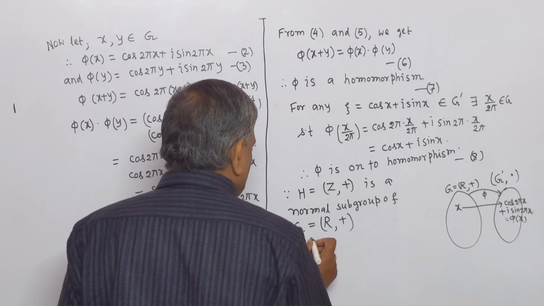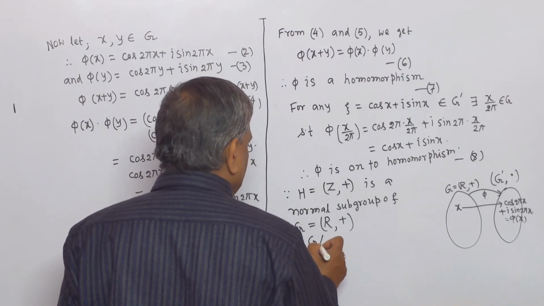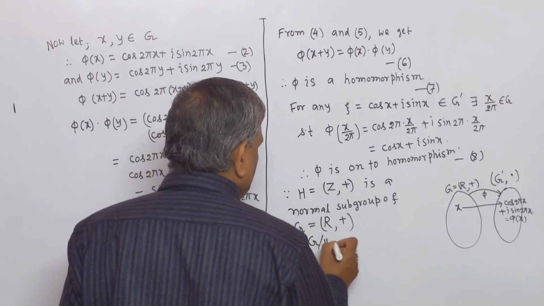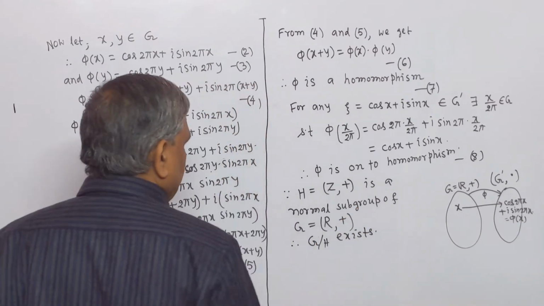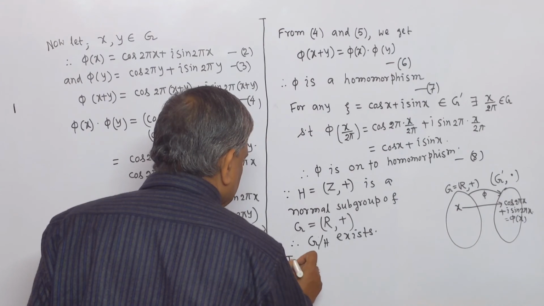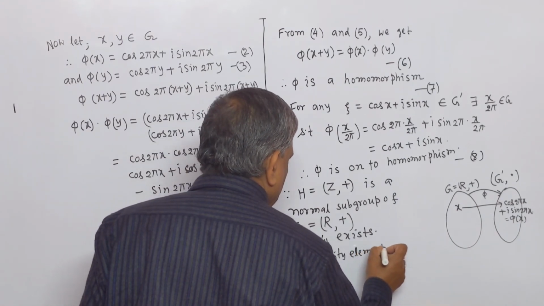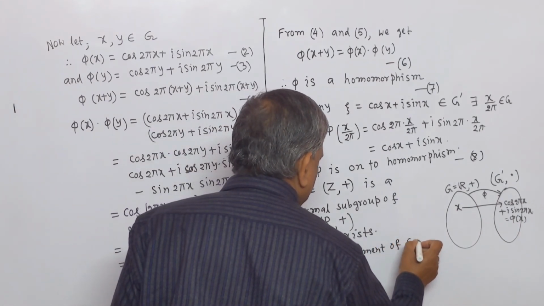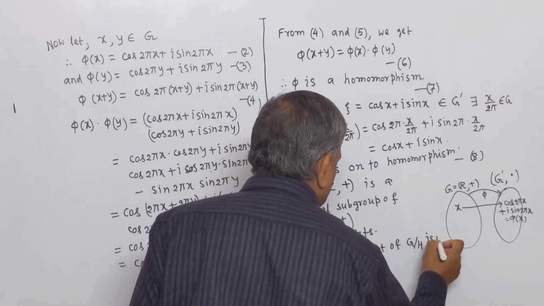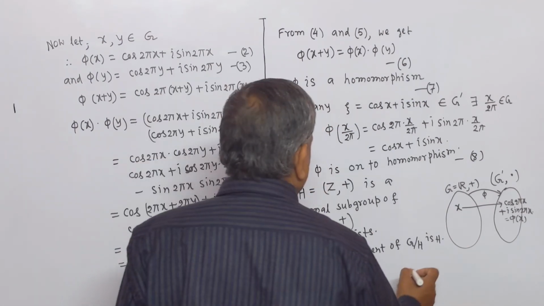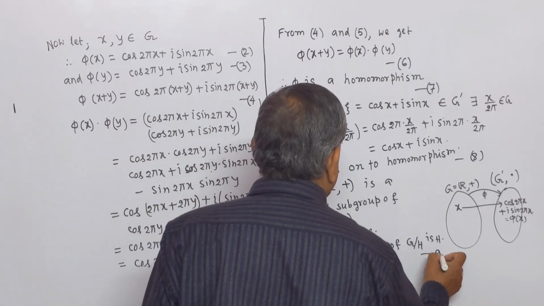Therefore quotient group G by H exists. The identity element of quotient group G by H is H. This is number 9.